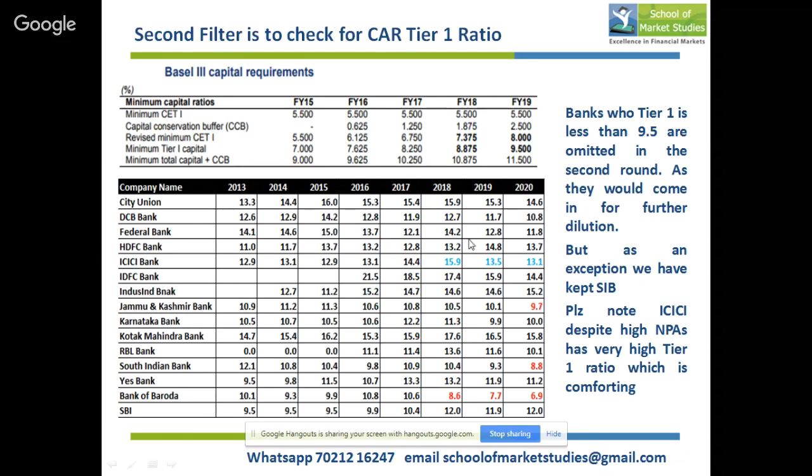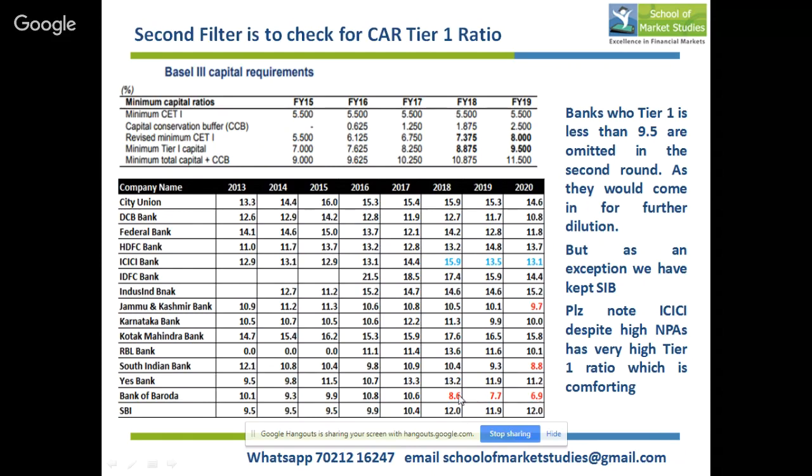What we see is that the minimum tier 1 capital that is required is expected to be 9.5 for FY19. So you have two ratios which are required, minimum CET1 and the revised minimum CET1. But we have said that we will just play with this number, which is the minimum tier 1 capital of 9.5. So if you notice, automatically certain banks are further eliminated.